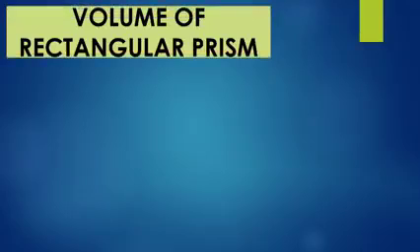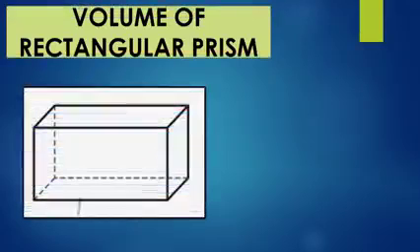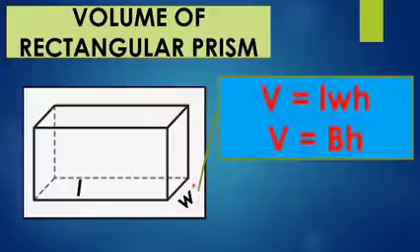Let's now proceed to the volume of rectangular prism. So rectangular prism informations are as follows. We need the measure of the base length of this rectangular prism. We also need the base width of the rectangular prism and the height of the rectangular prism. So the volume of a rectangular prism is the product of the area of the base B and the height h.